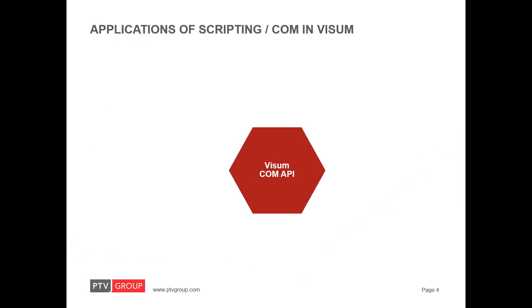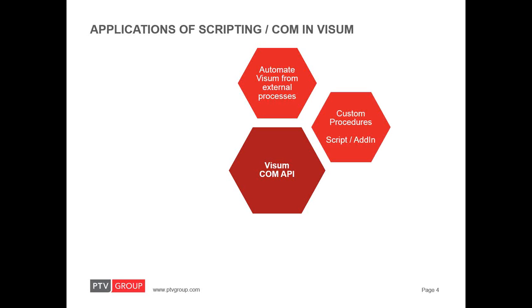So what can you do with scripting and COM in Visum in general? All the scripting functionalities in Visum are based on the common COM API, or application programming interface. You can use this API for automating Visum from external processes. You can create custom procedures for usage in Visum's procedure sequence.